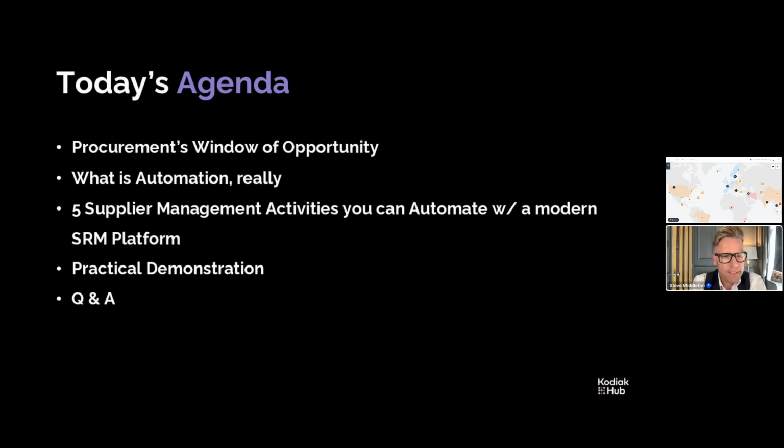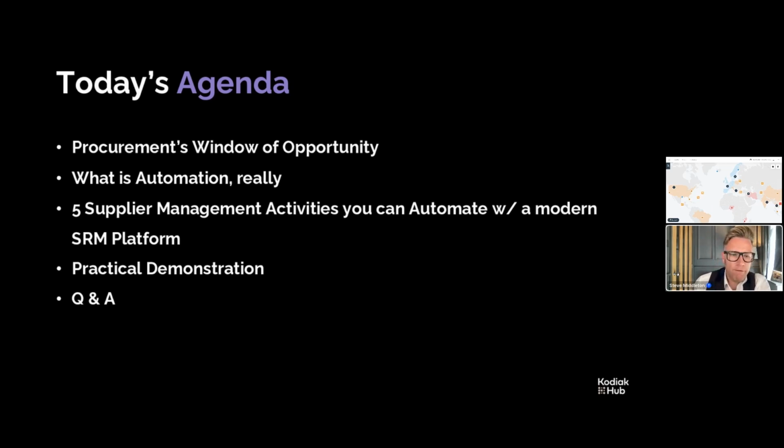I'm going to define it to make sure that we all understand how automation can really help us as procurement professionals. And then we'll move into the core content for today's session: the 5 supplier management activities that you can automate with a modern SRM solution, such as Kodiak Hub.